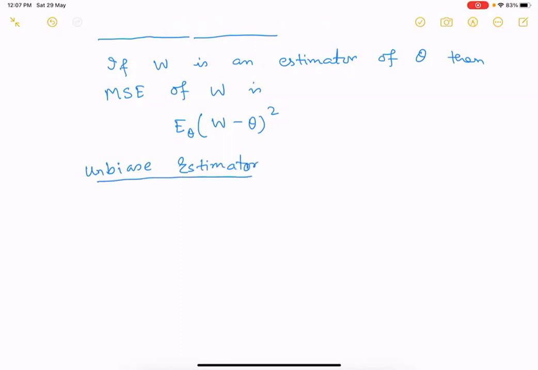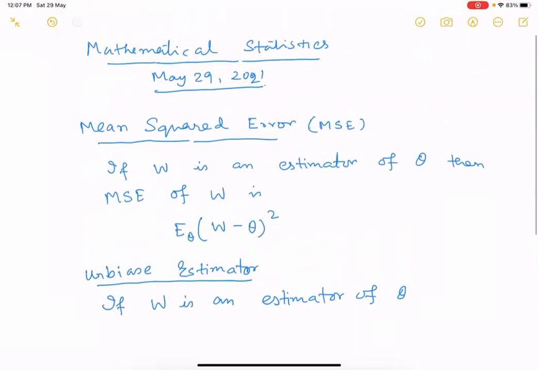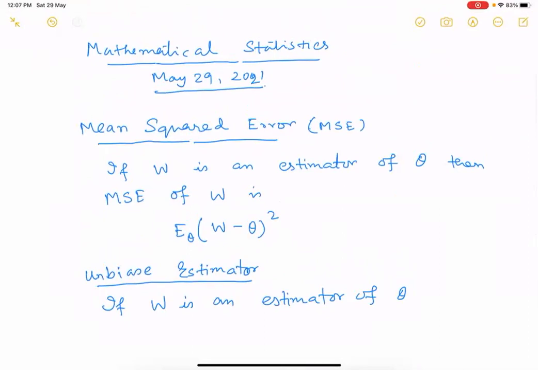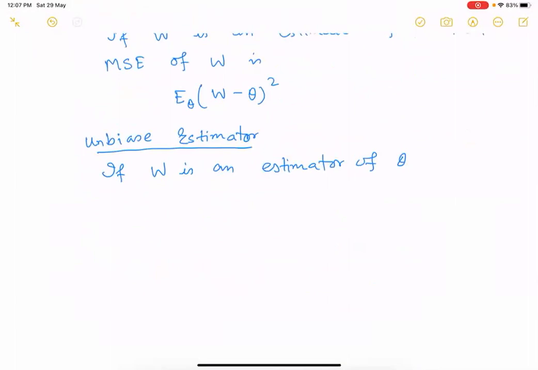It says that if W is an estimator of theta, then the expected value of W is equal to theta.